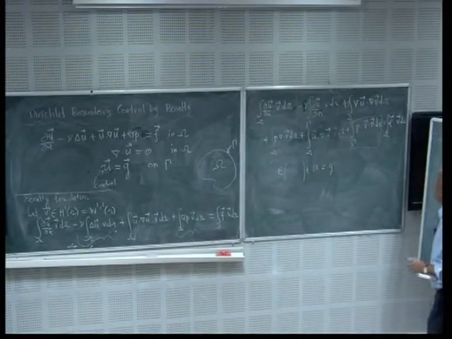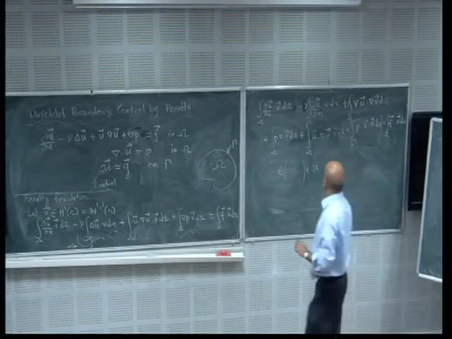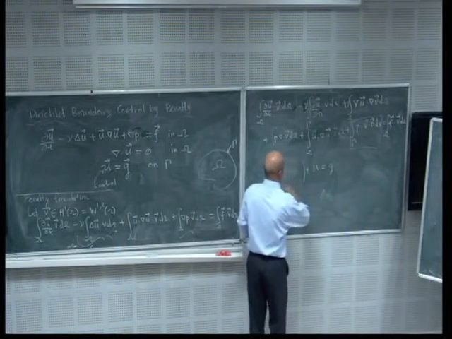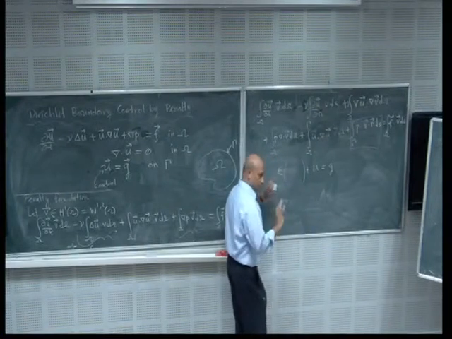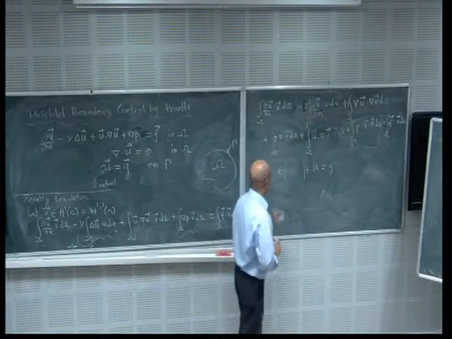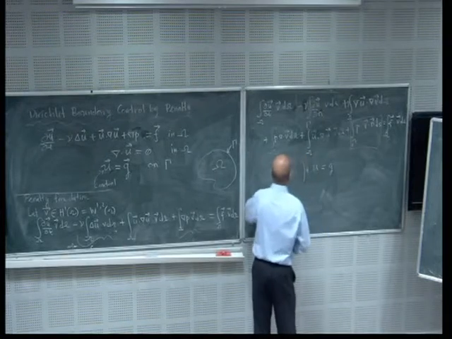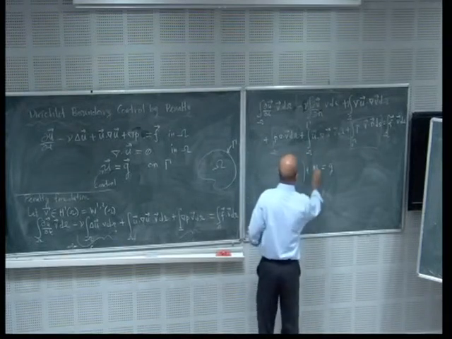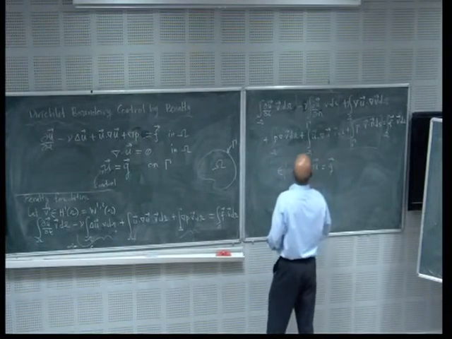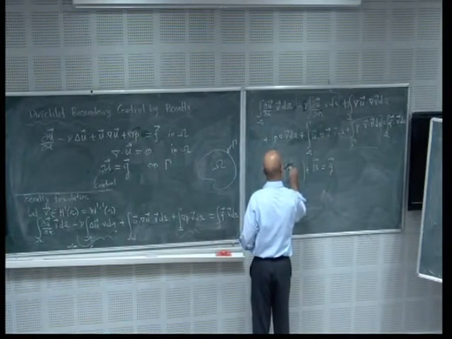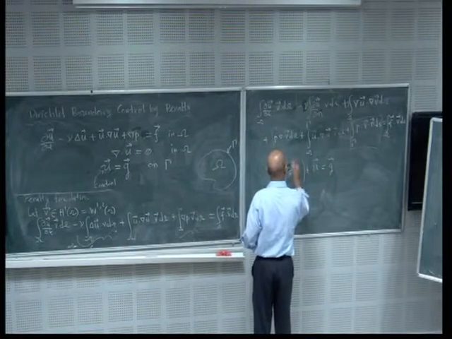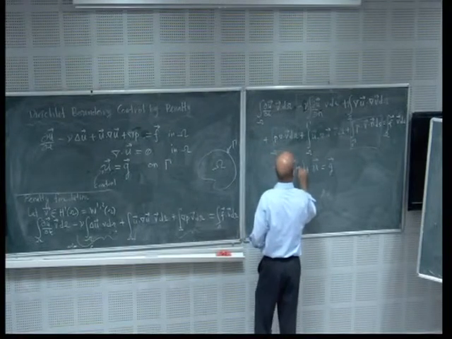Okay. Thank you. So I'm going to add a term with a penalty parameter epsilon that's assumed to be small, as a scale of epsilon. So that's going to be mu du/dn minus p n.